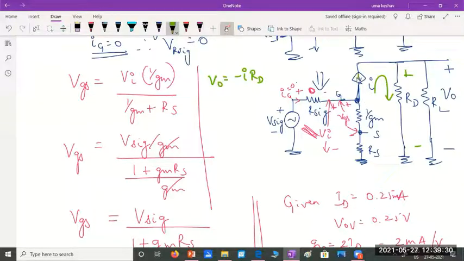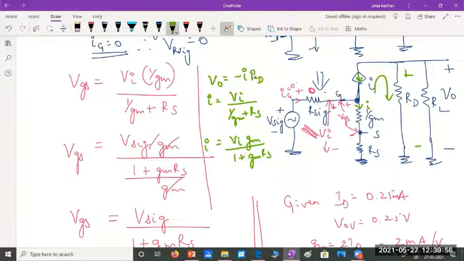Correct? I is flowing downwards. And what is I? We considered I is the same current here. I was considered as this Vi divided by 1 by Gm plus Rs. Or I can write it as Vi into Gm by 1 plus Gm Rs. This is the value of I.